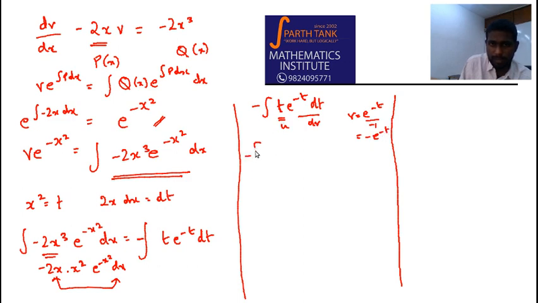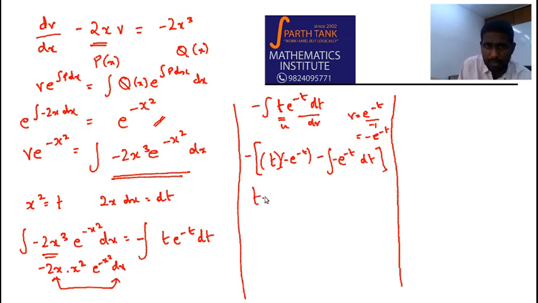So the answer is minus of t into minus e power minus t, this is uv, minus integral v, that is minus e power minus t, dt is dt, dv is dt. So this becomes t e power minus t because of the minus, and then here again it becomes plus e power minus t is, the integral is e power minus t by minus 1, that makes it plus, and with this minus and this minus it becomes e power minus t plus c.